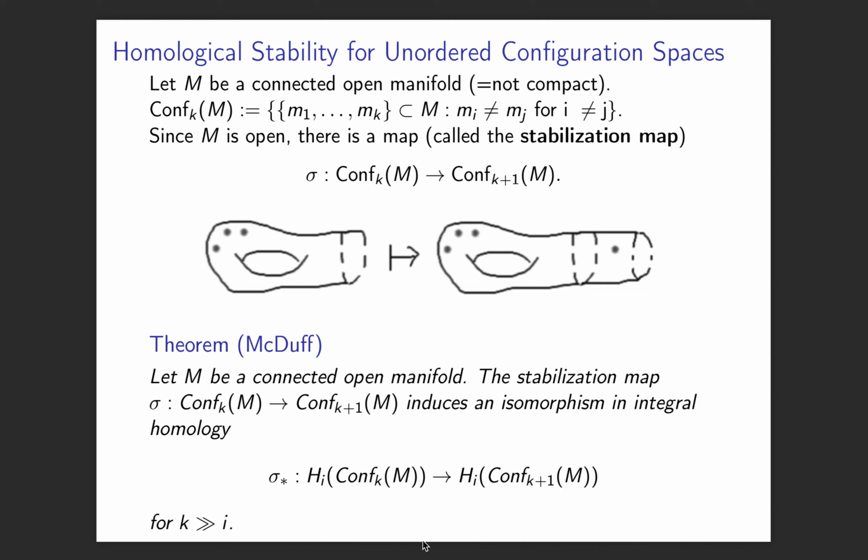This induced map is an isomorphism as k grows large in comparison to the homological degree i.